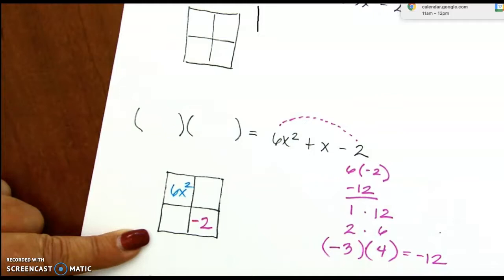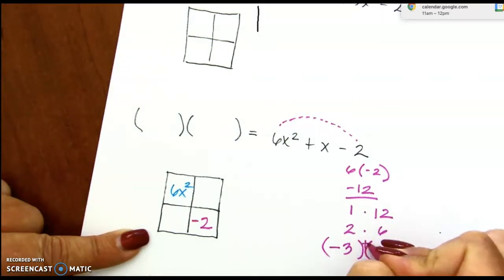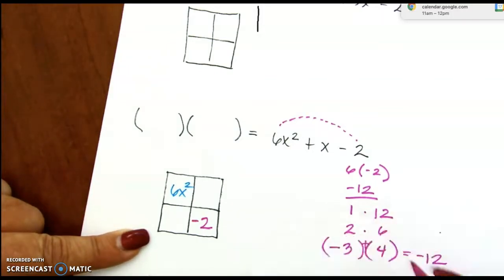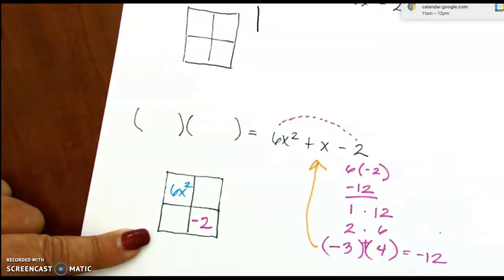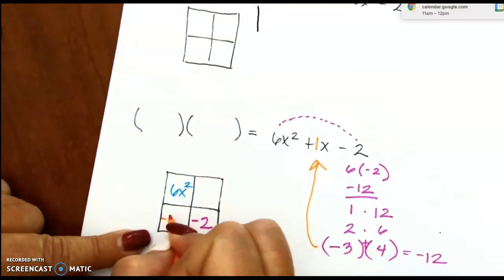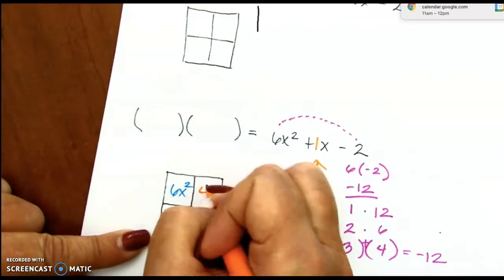But if I put those together, we'll put a little adding sign here, I would get a positive 1x. So those are the two I'm going to use. I'm going to use the -3x and a positive 4x.